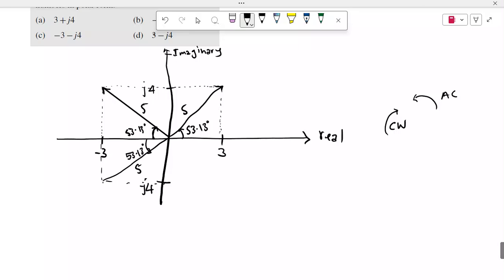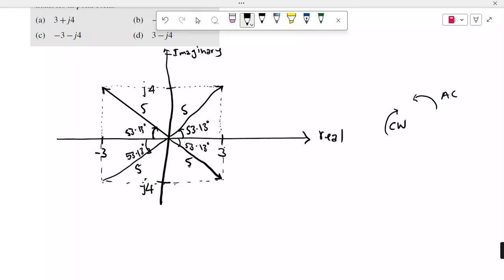Then this one, real part 3, then the imaginary part negative 4, so it will be something like this. This is the angle, 53.13 degrees. So this is how they will appear, and the magnitude of r is 5.